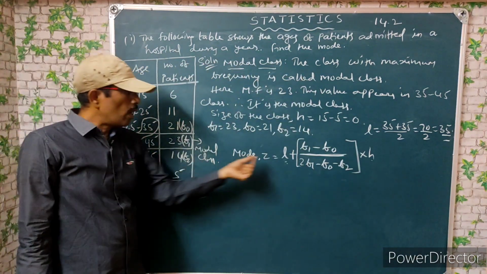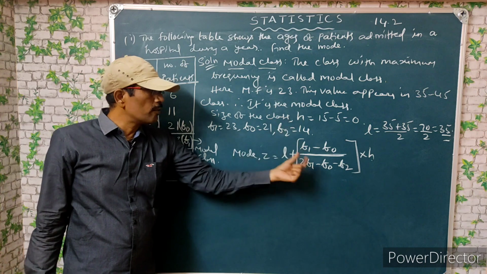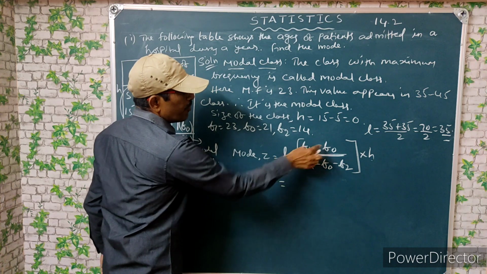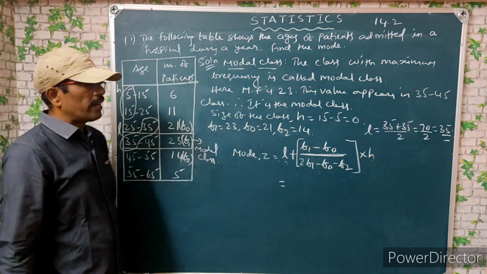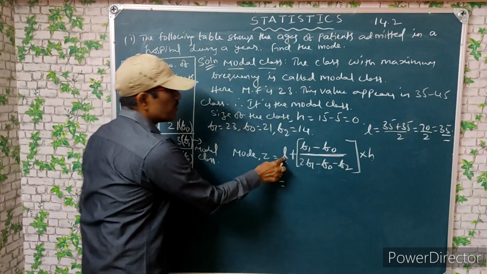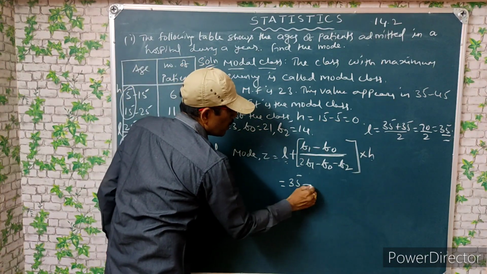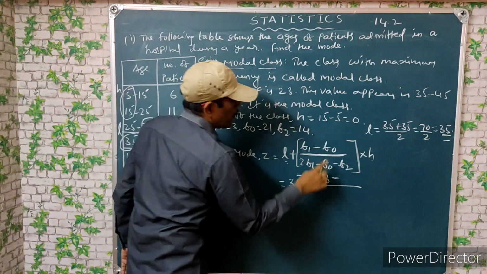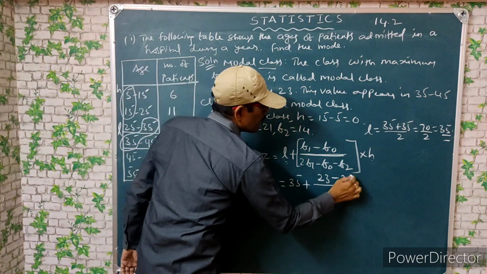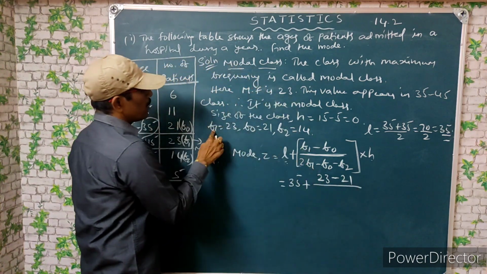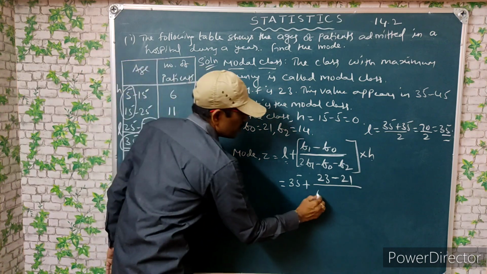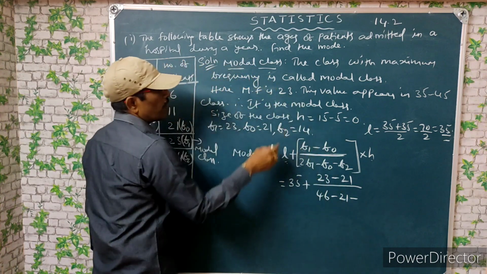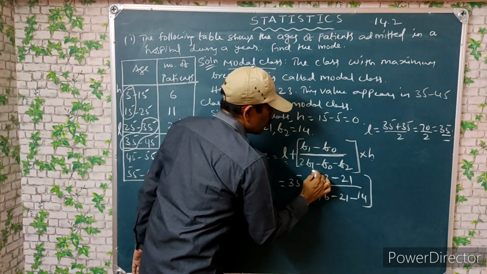Now we know all the terms here. Now we substitute all these values in the formula. Mode Z is equal to L plus (F1 minus F0) by (2F1 minus F0 minus F2) into H. What is L? 35 plus F1 23 minus F0 21 by 2F1, 2 into 23, 46, minus F0 21 minus F2 14, into size of the class.